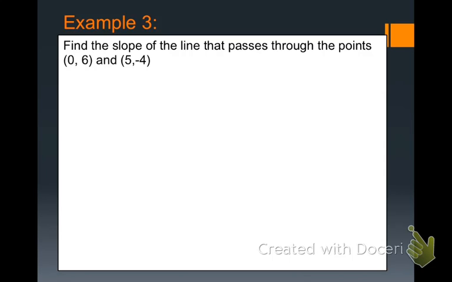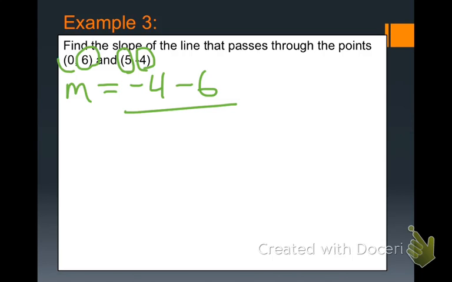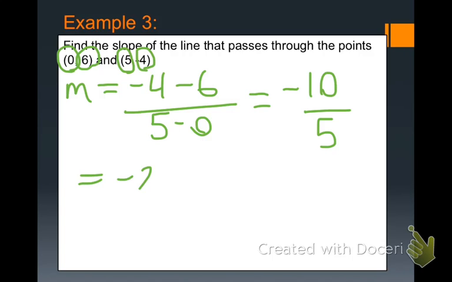So my slope m is equal to y2, negative 4, minus 6, y1, over x2 minus x1, 5 minus 0. Well, negative 4 minus 6, that's negative 10. 5 minus 0, that's 5. Negative 10 divided by 5 is negative 2.